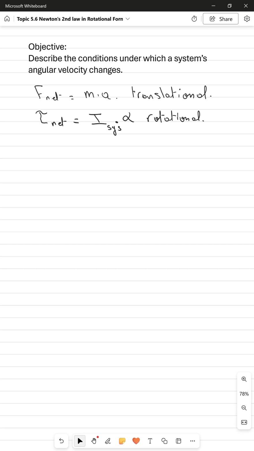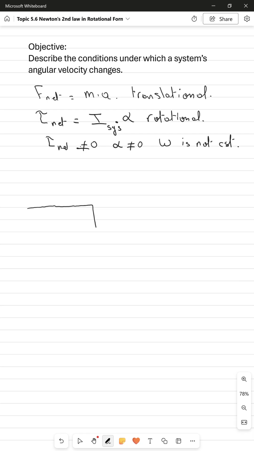In that case, you can see that the net torque is not equal to 0, alpha is not 0, and I, as we know, if it's rotating, definitely is not going to be 0, and v or omega is not constant.